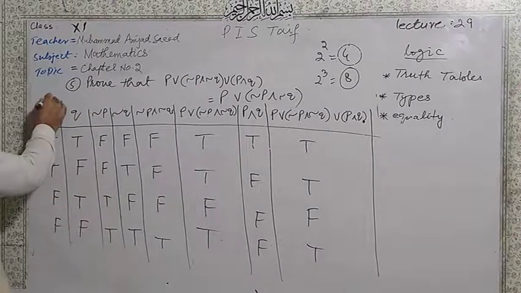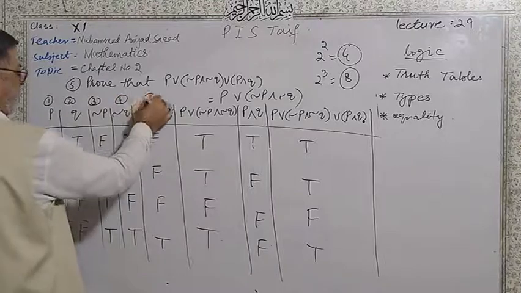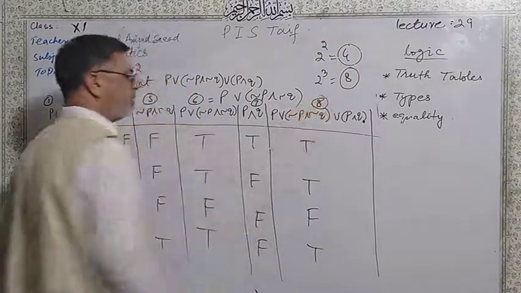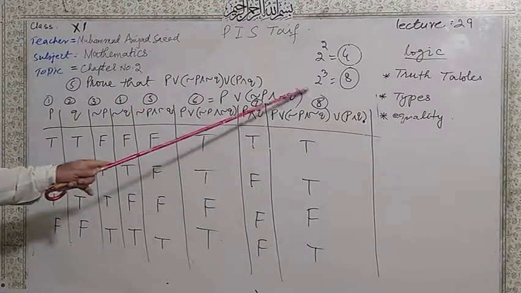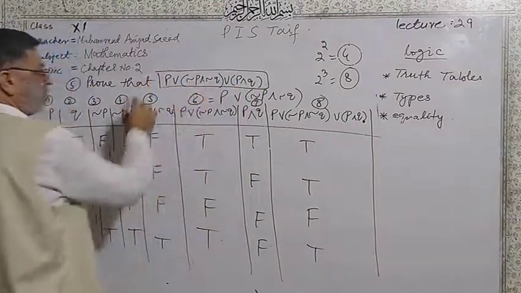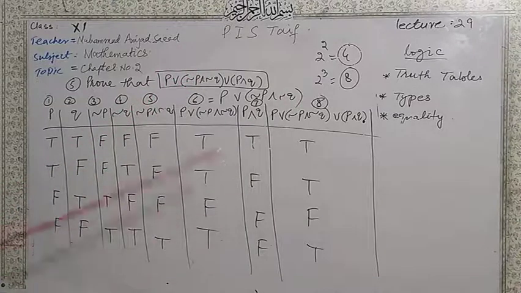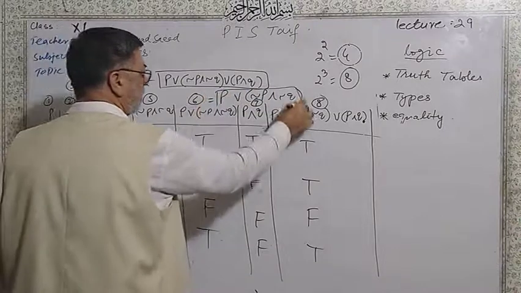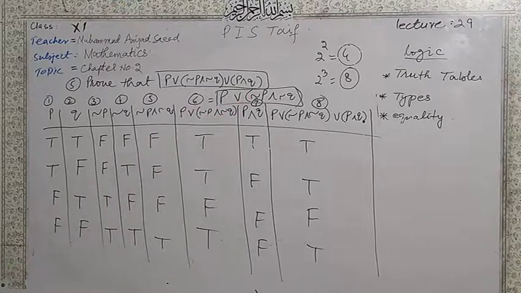Now we can check, this is column number 1, 2, 3, 4, 5, 6, 7, and 8. Dear students, your column number 8 is in fact your left hand side. And your column number 6 is your right hand side, P or (not P and not Q).